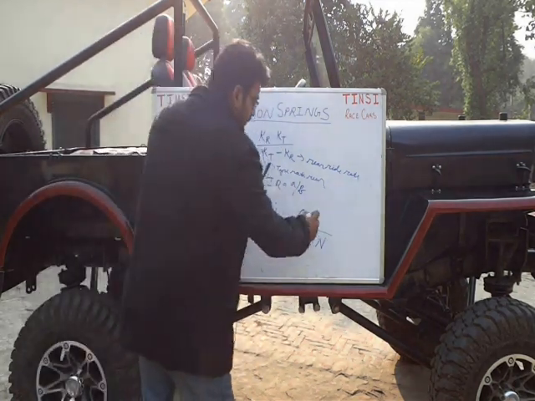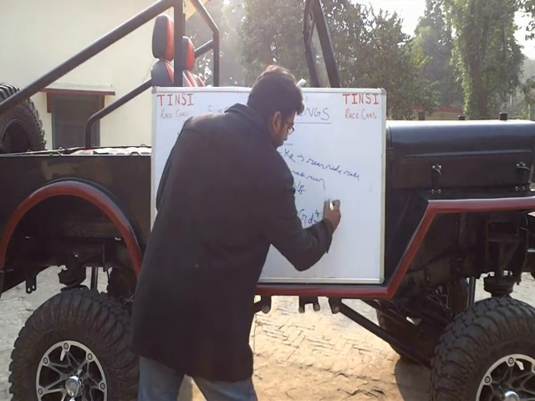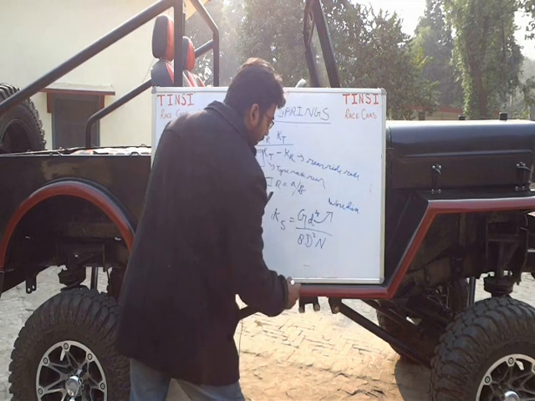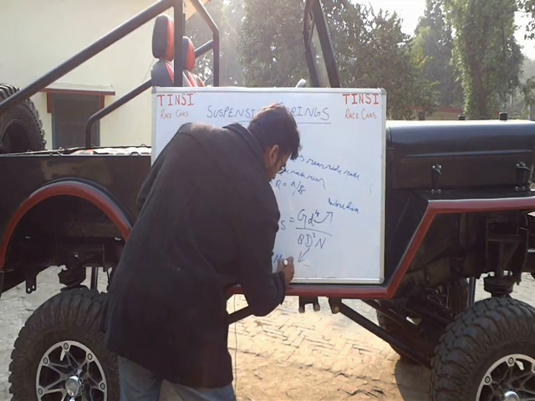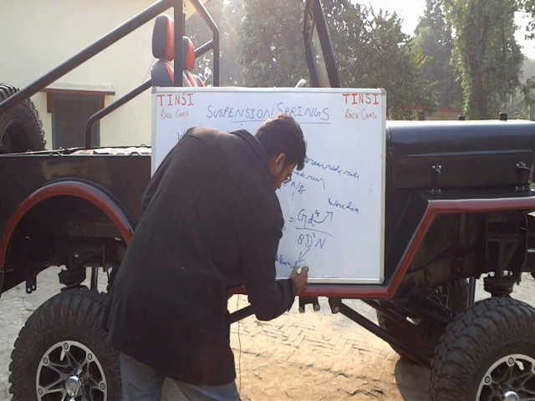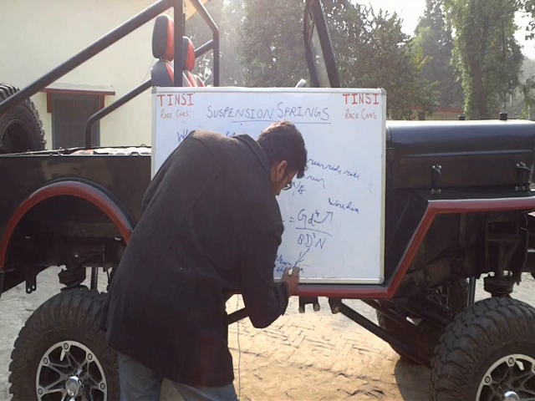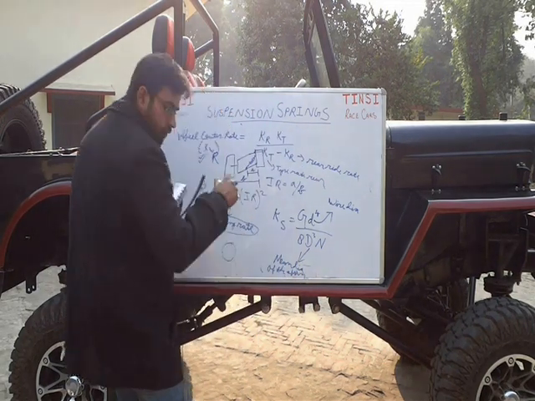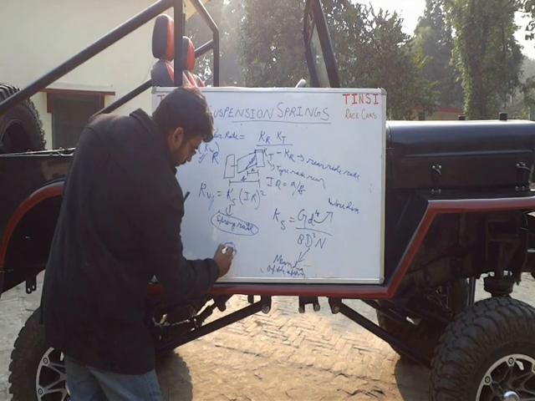Fine. Here your d is the wire diameter of the spring wire. Okay, D is the mean diameter of the spring. If you see the top of the spring, this diameter, this is your D.